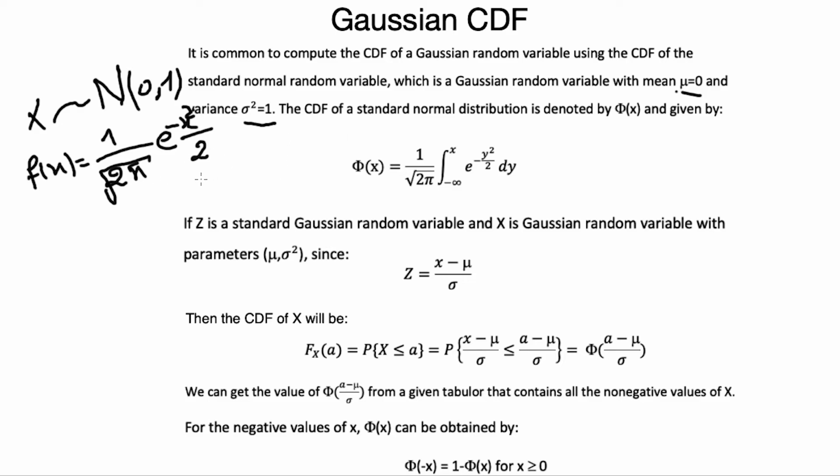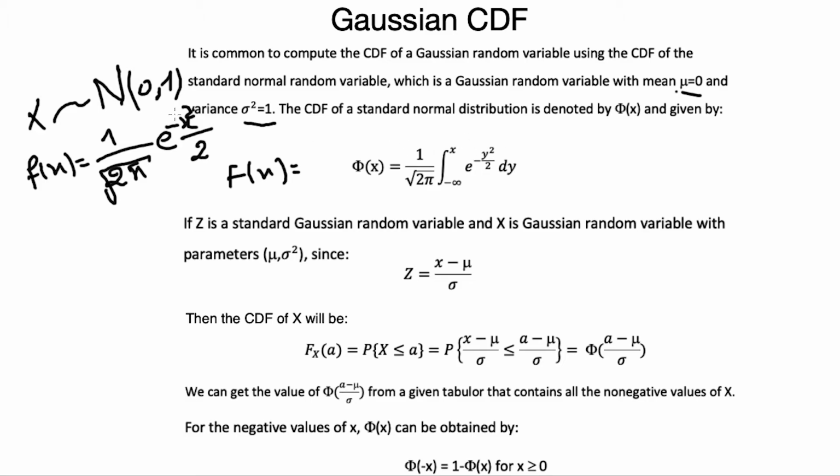And we can get the CDF of this X, when X is a standard normal random variable, easily from this expression by phi(x). Phi(x) equals 1 over the square root of 2 pi, times the integral from negative infinity to x of e to the minus y squared over 2 dy.